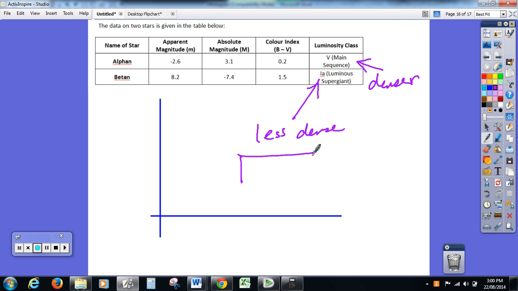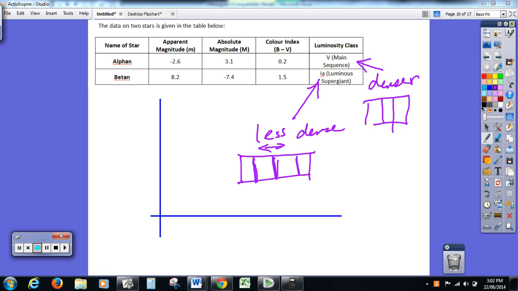We can also say that certain features, the absorption lines on denser and less dense stars, become thinner and thicker as you get pressure broadening. So on one of the stars here, we have a thin absorption band, and the other one we have a thicker absorption band.